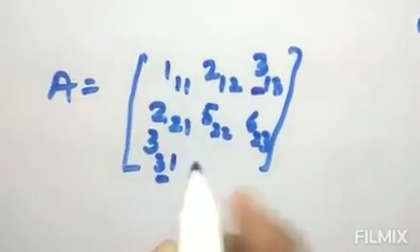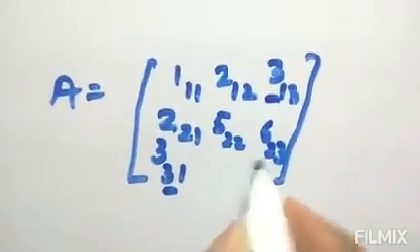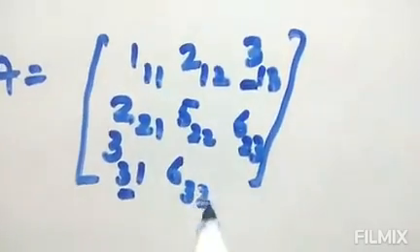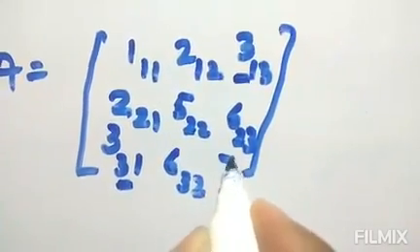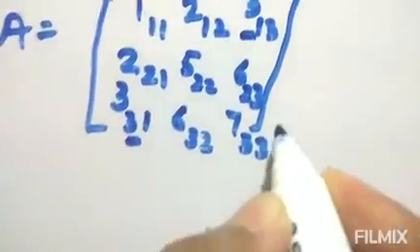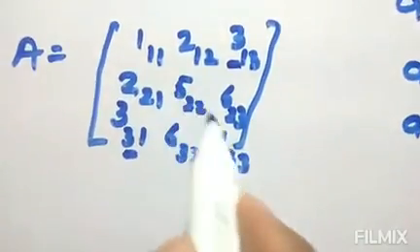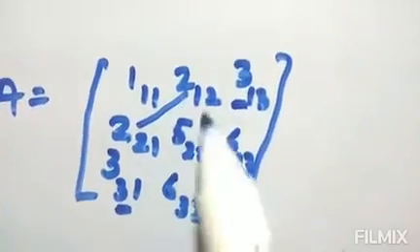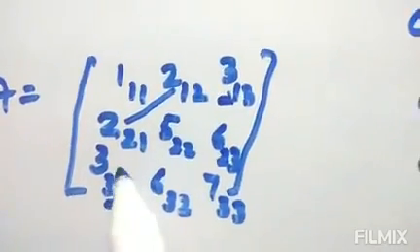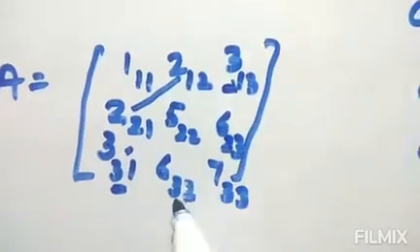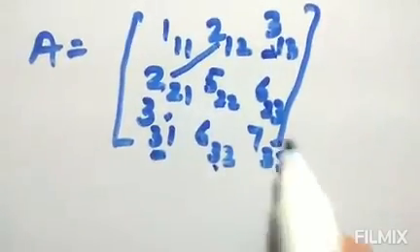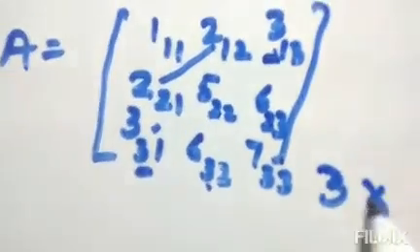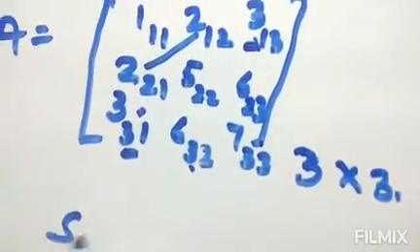And next, 23 and 32 means 6, and the last one, 33, equals to 7. In this case diagonal elements are different, and 12 and 21 are equal, 13 and 31 are equal, 23 and 32 are equal, and A is always a square matrix, here 3 cross 3 matrix, so it is a symmetric matrix.